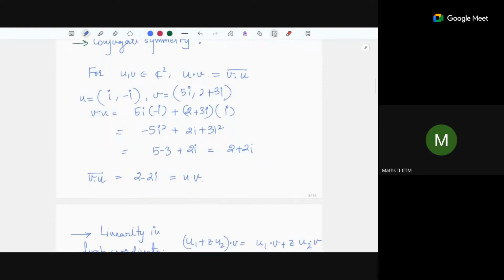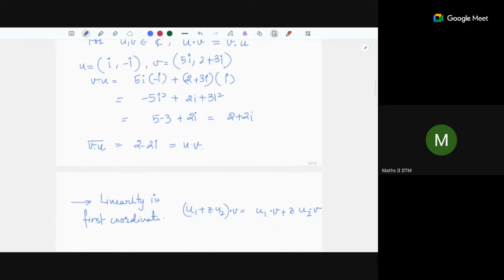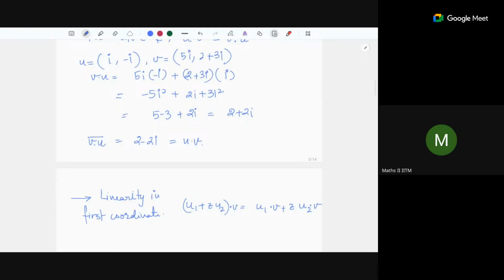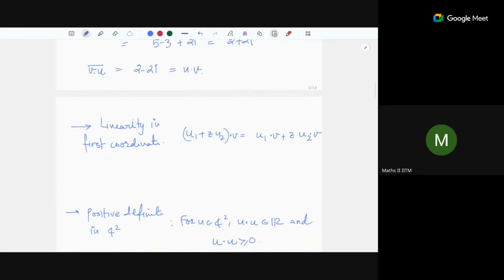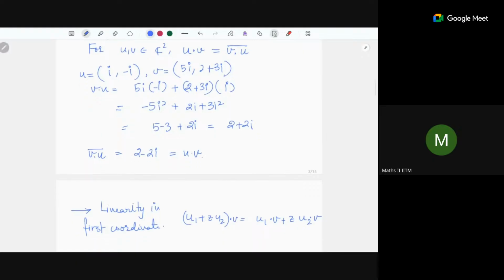Now let's check the inner product in R2. What kind of symmetry do we have in that case? In R2 we don't have a conjugate. If I take two vectors in R2, say u is (1, 2) and v is (0, 1), then u dot v was 2.